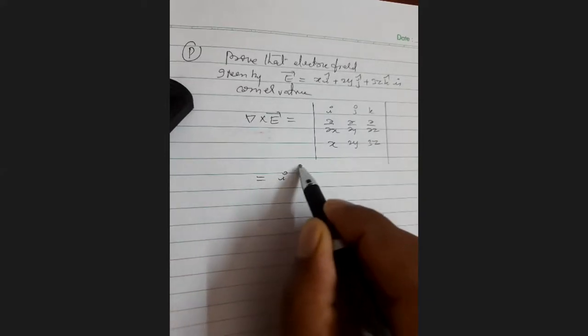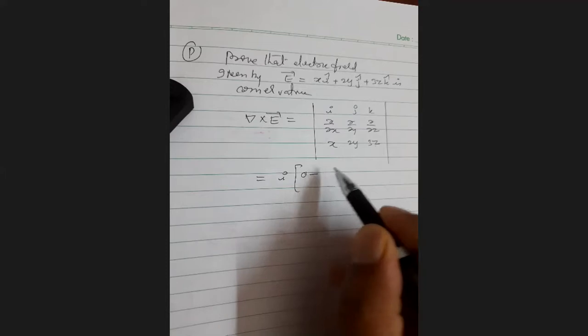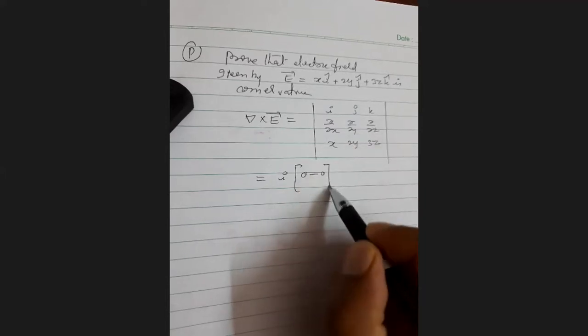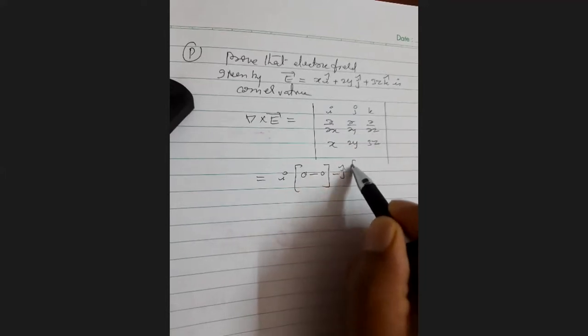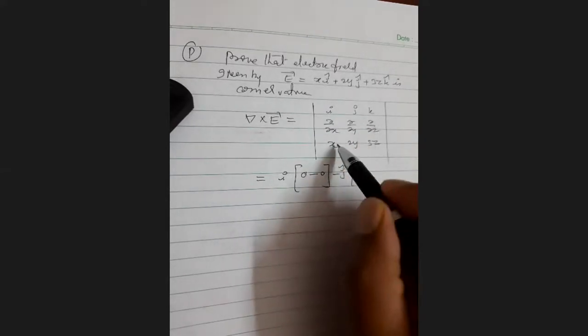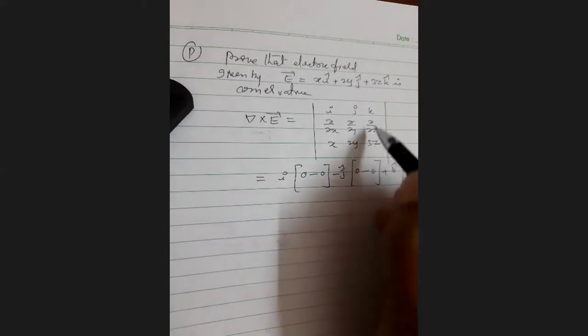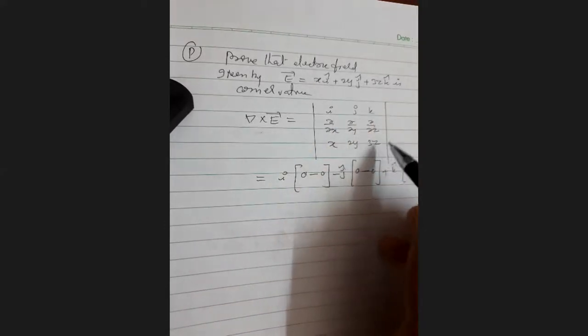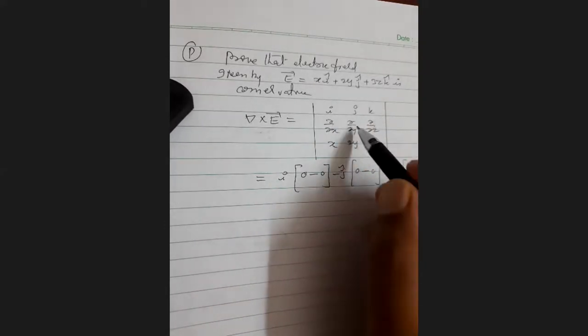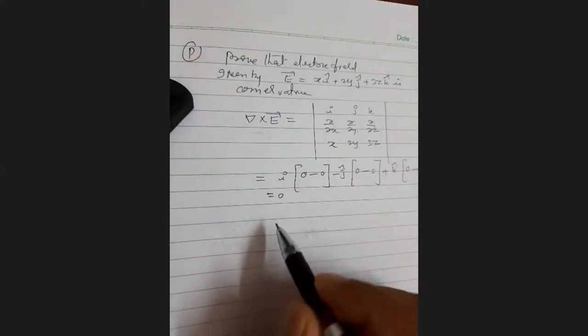By simplification, i into dou by dou y of 3z is 0, because we are taking the partial differentiation, dou by dou z of 2y is 0, minus j cap into dou by dou x of 3z is 0, dou by dou z of x is 0, plus k cap into, taking the column and row of k, dou by dou x of 2y is 0, dou by dou y of x is 0, that equals 0.